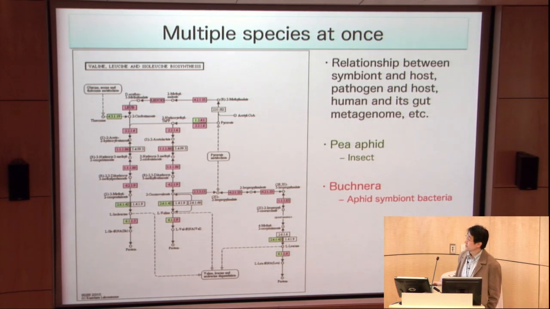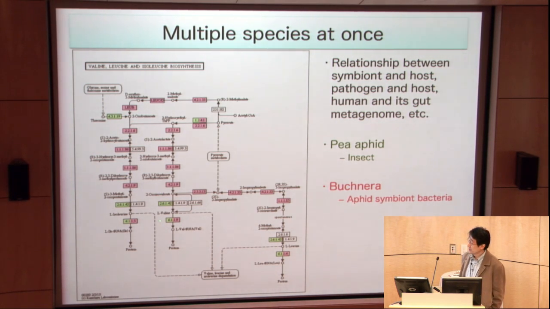And the green part shows the enzymes that only the pea aphid has, and the pink part is the enzymes that only Buchnera has. So you can see these two species have to help each other to produce those amino acids.